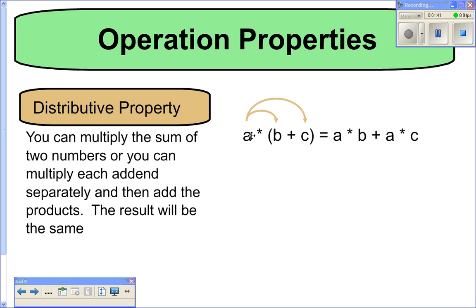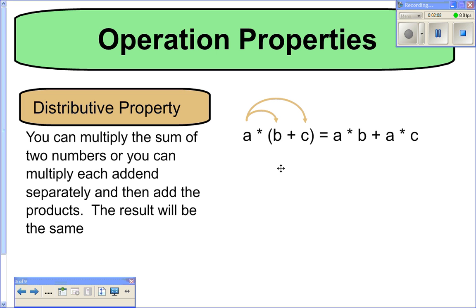So in essence, you're going to multiply A times B, and then add it to A times C. A is being multiplied by everything in this group, so we're going to distribute A to every element in the group. And that's what we're saying here, A times B plus A times C.